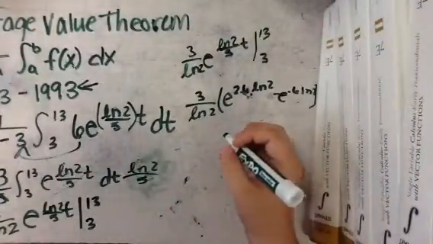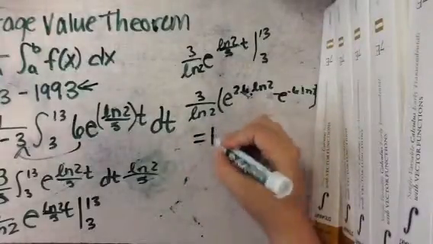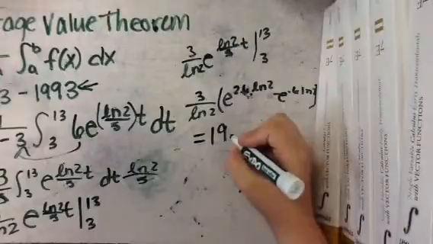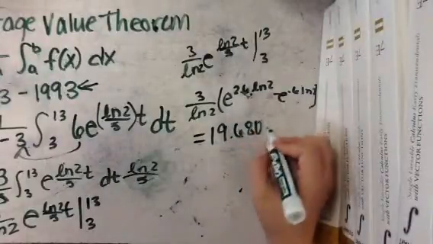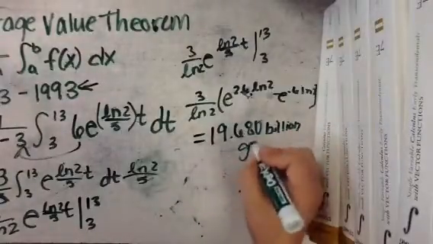So that ends up being, when it's all simplified, 19.680 billion gallons per year.